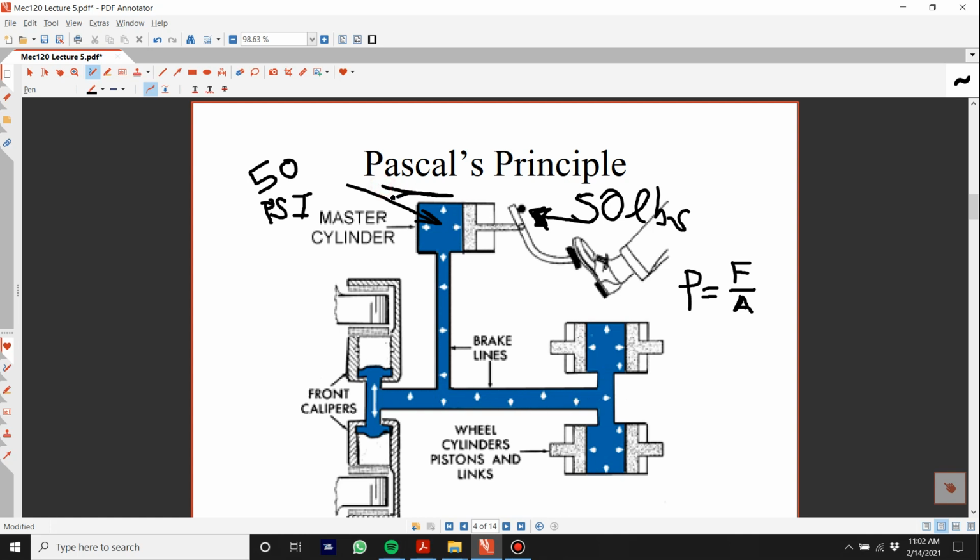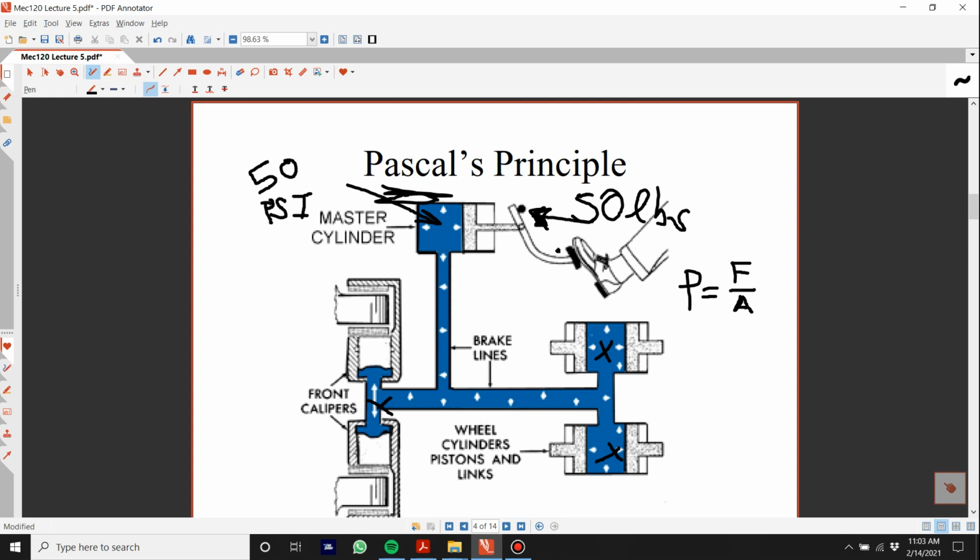But Pascal said, if you can generate 50 psi in this enclosed system, because this is a fluid, we have 50 psi here, we got 50 psi here, we got 50 psi all over the shop. Okay, and that's useful because we can transfer force to all these other places.